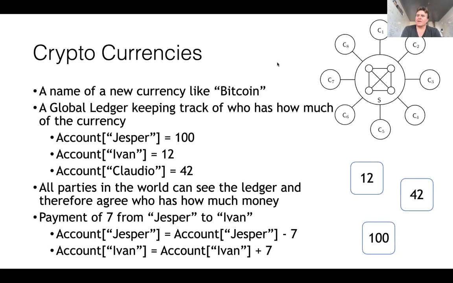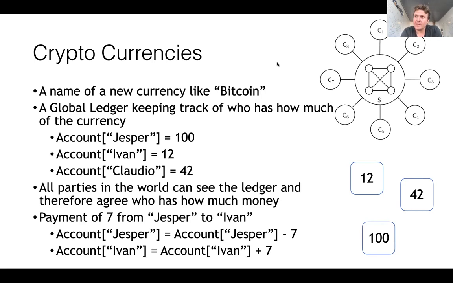To make a cryptocurrency, a well-known example is the Bitcoin cryptocurrency. What you do is you start by giving your new currency a name like Bitcoin. And then you create a replicated state machine, which is keeping track of who has how much of this currency.